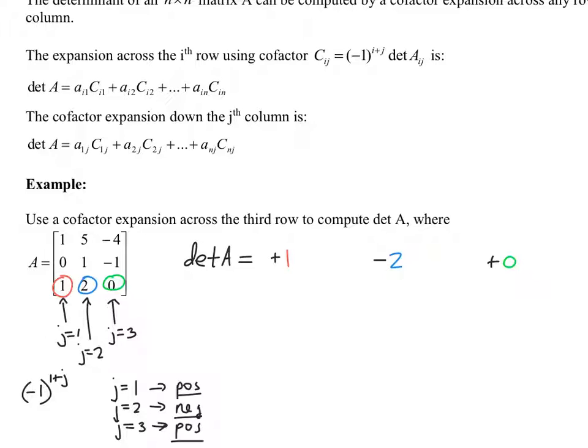All right, so when dealing with column 1, so the j equals 1, we're disregarding column 1 and row 3, which means that these elements are what are going to make up my matrix. So we're looking at 5, negative 4, 1, negative 1.